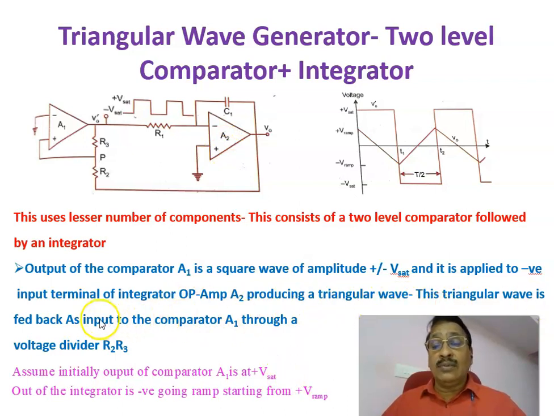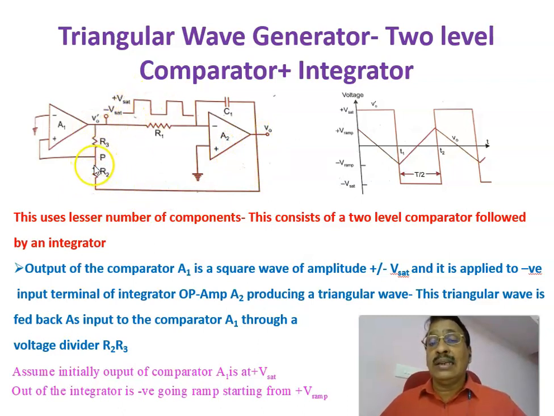This triangular waveform is fed back as an input to the comparator A1 through a voltage divider, R2 and R3. This end is the output of the triangular signal, and here the output is the square wave.